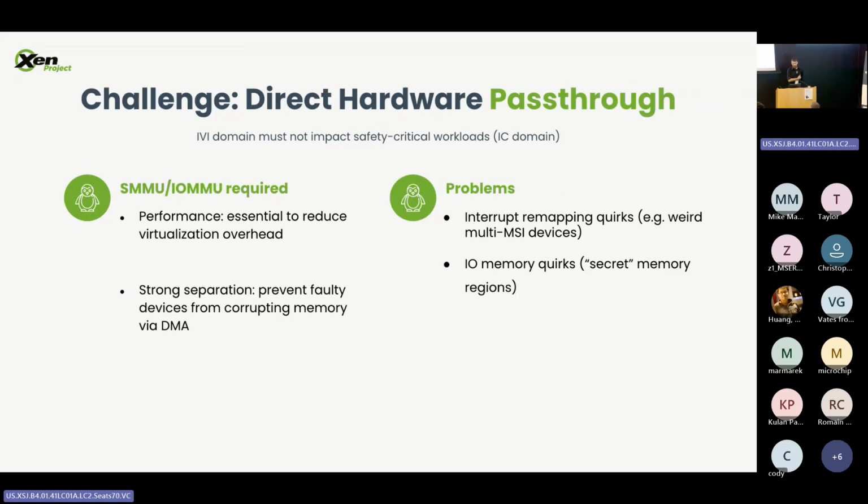So the next critical thing is direct pass-through of hardware. In such a complex system, some devices by design cannot be assigned directly to some of the domains. So SMMU or IOMMU are absolutely required for such a design.